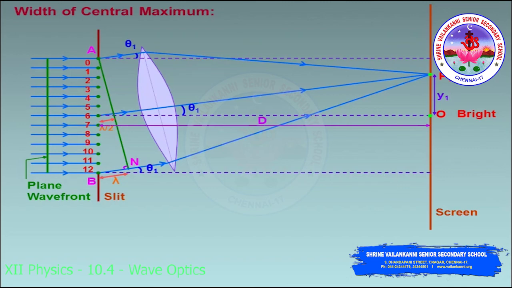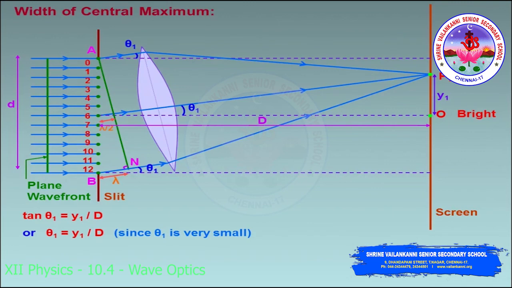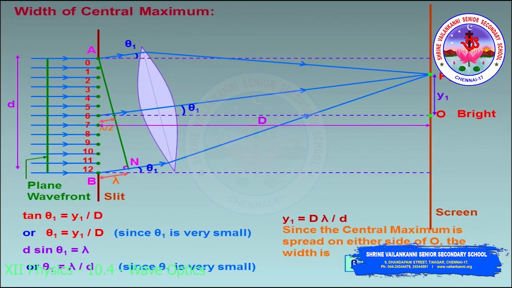So what is the linear width of the central maximum? If capital D is the distance of the screen from the single slit, then the value we get is 2D lambda by small d. That is because 2 theta is in radians, is it right?